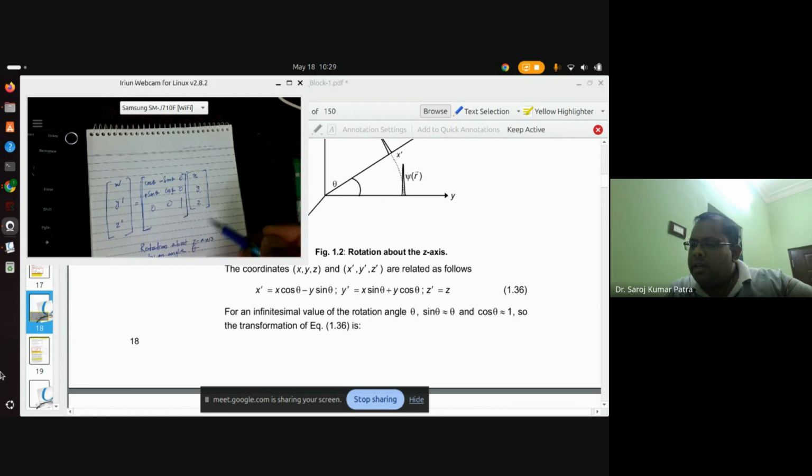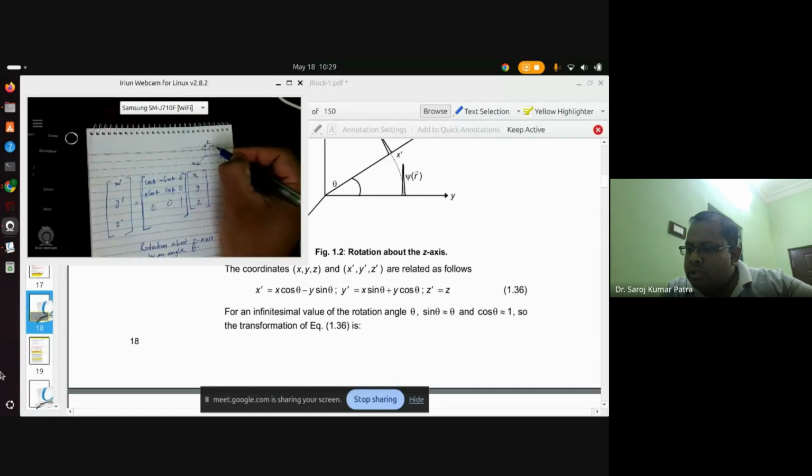ये क्या है? ये मैट्रिक्स क्या करता है? अगर आपके पास एक कोऑर्डिनेट system है x, y, and z, and if you are rotating about z axis by an angle theta, तो क्या होगा?